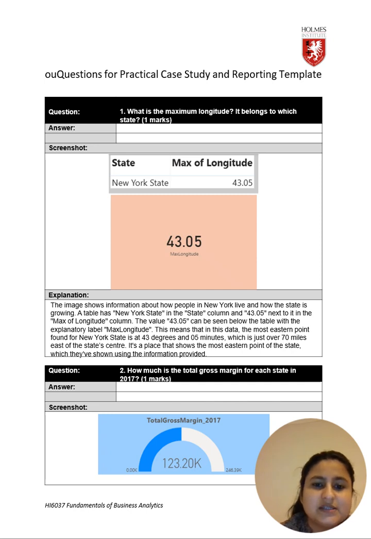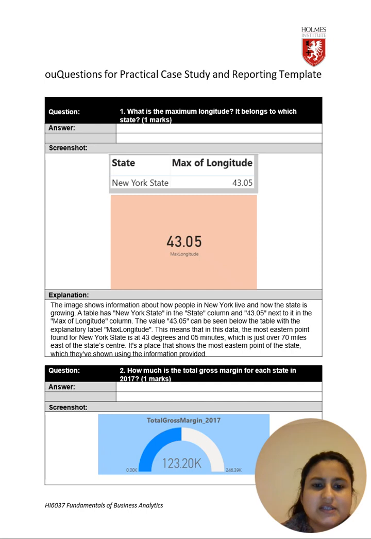This means that in this data, the most eastern point for New York State is at 43 degrees and 05 minutes, which is just over 70 miles east of the state center. It shows the most eastern point of the state, using the information provided.